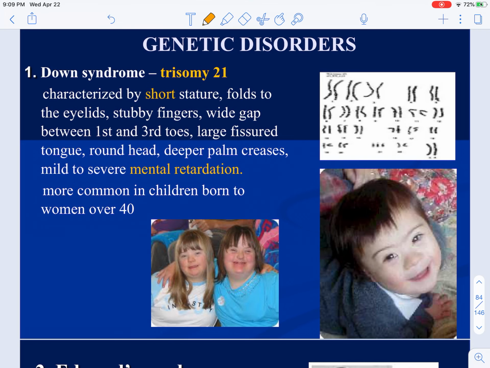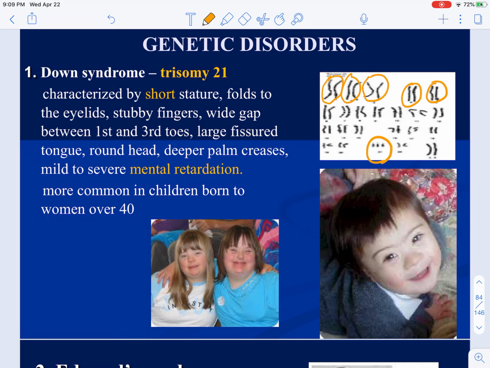So, for example, if we look at Down syndrome, you can see that the karyotype here shows that it's got 2 number 1s, 2 number 2s, number 3s, number 4s, number 5s. They get shorter and shorter. When you get to number 21, you see that there are 3 of them. And so what happened there is that either the sperm or the egg had been formed improperly.